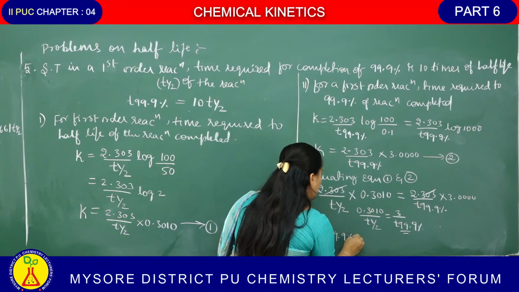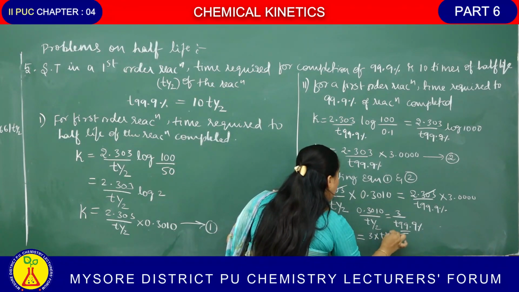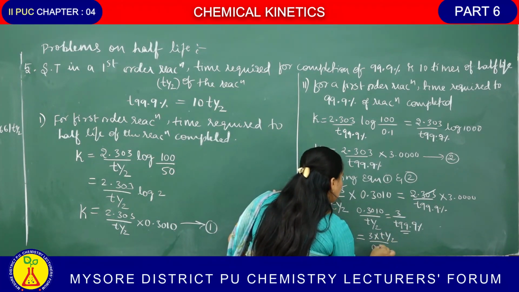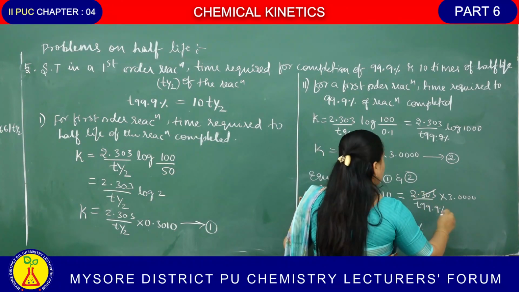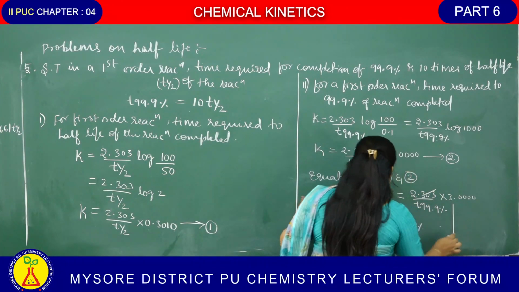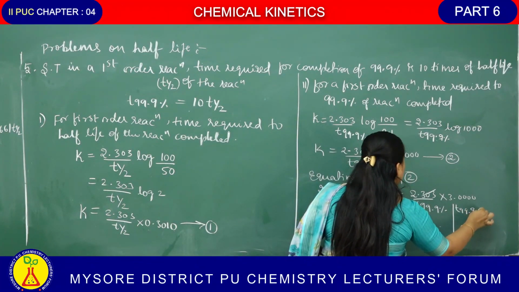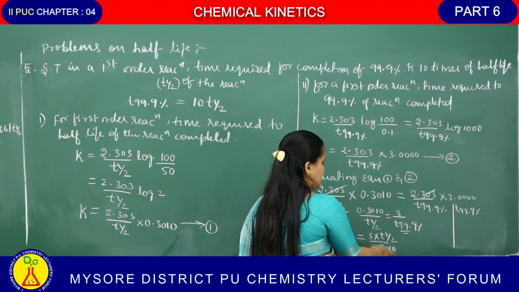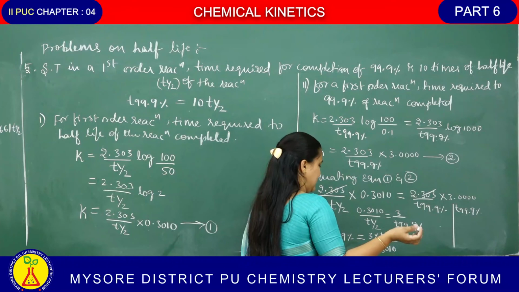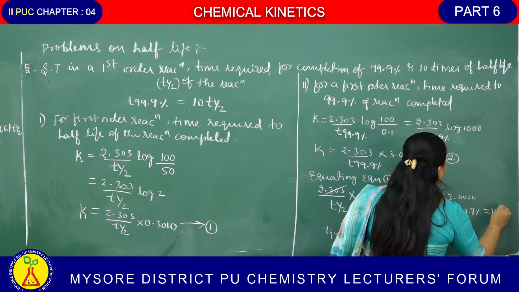Therefore, rearrange the above equation. It becomes 3 into t half divided by 0.3010. Correct? Okay. Next, I will continue here. t 99.9% is equal to, calculate 3 divided by 0.3010, approximately 9.9 something, approximately it is 10 t half.